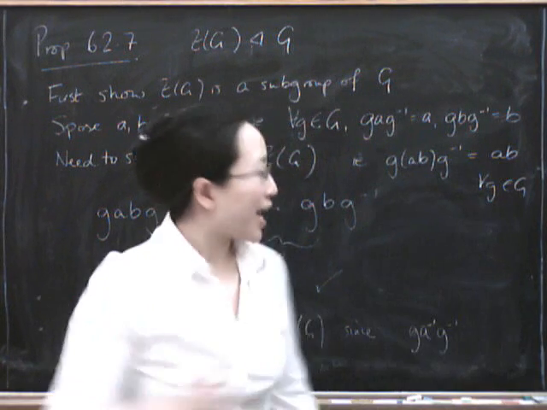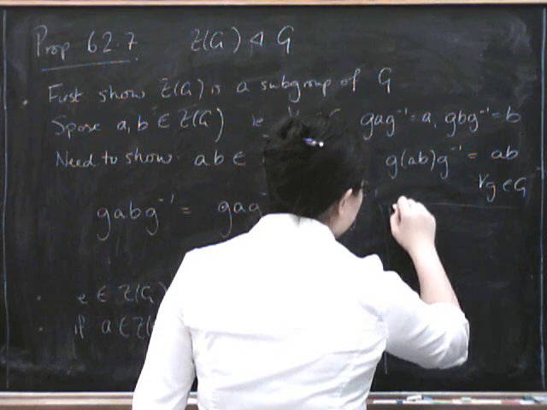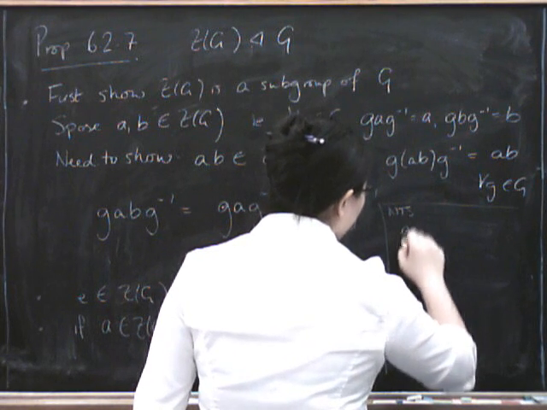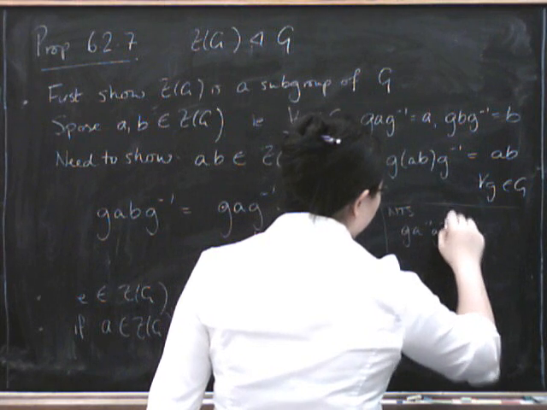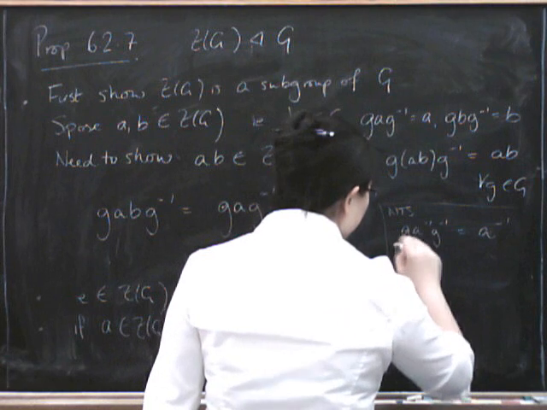Okay, phew, I'm back. What we need to show is that g a^-1 g^-1 is a^-1, but we know that's true, right?